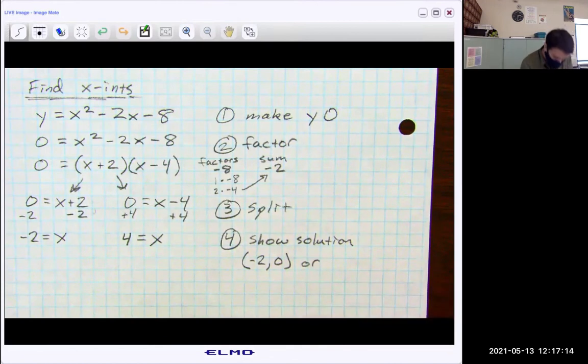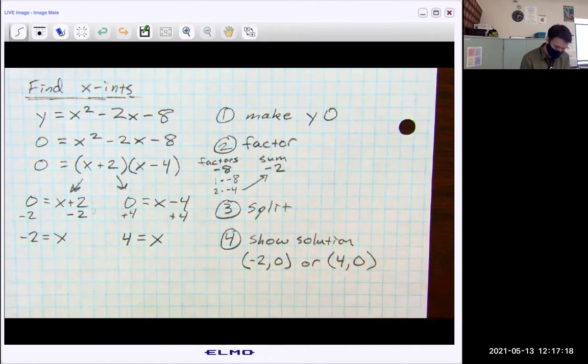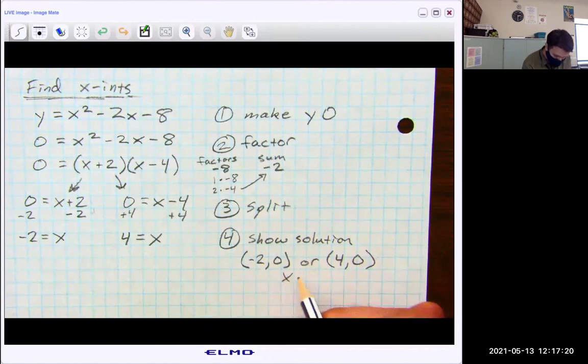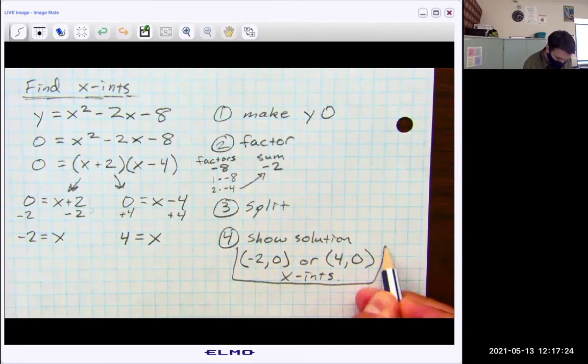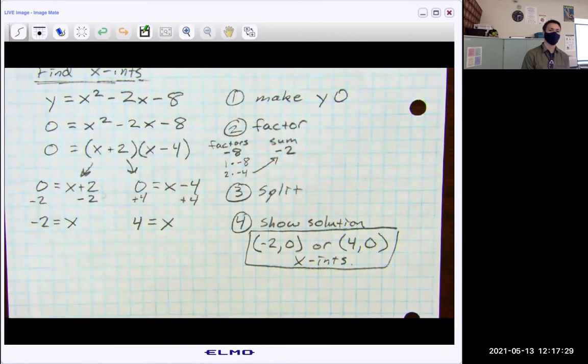Or your x is 4 when y is 0. Those are the x-intercepts. And so that would be my answer right there. -2, 0, or 4, 0. Is that kind of cool how that works?